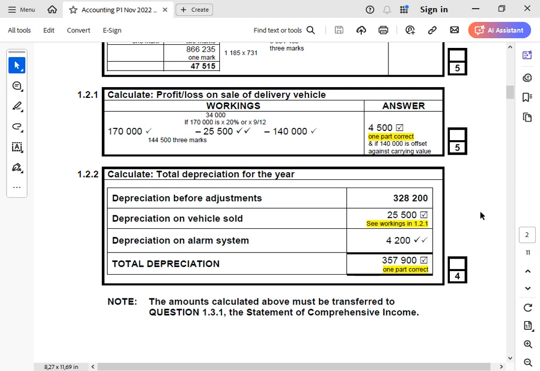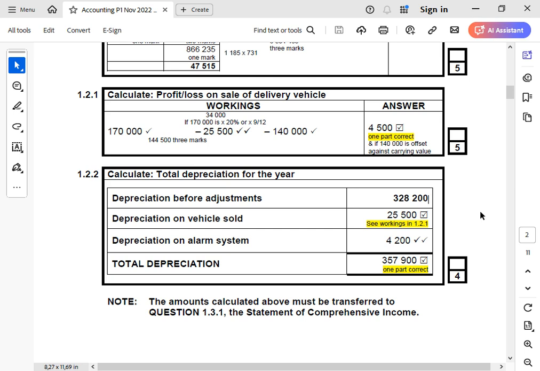How I understand it is that he did the depreciation on the amounts that are currently in the books, and currently in the books, none of this was recorded.